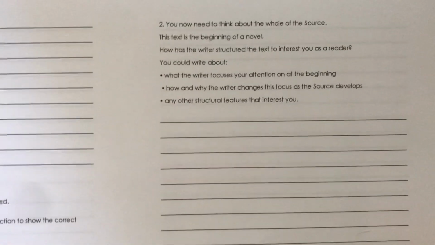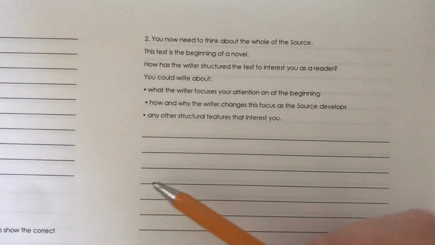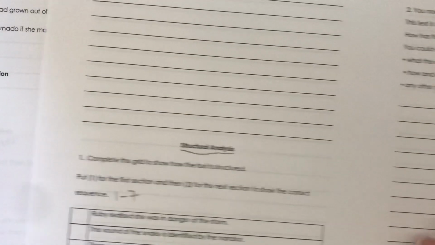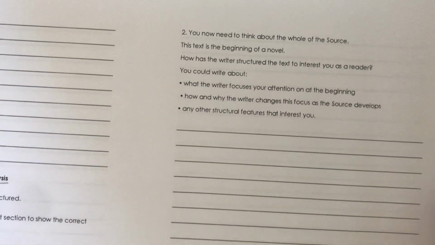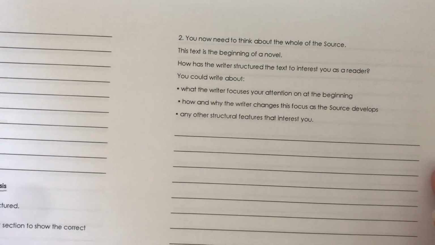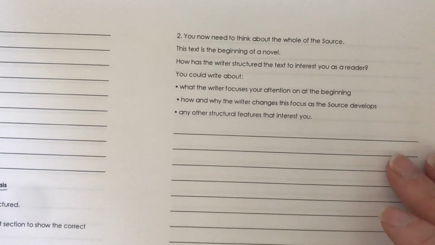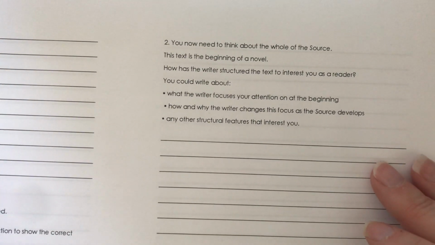You then need to answer the question. The previous question has helped you with this because you've put the events in order. Now, for those of you in year 8, this question won't be new to you. For those of you in year 9, you should be able to manage this. Year 7, this will be a little bit new to you, although we've practiced it in lessons.